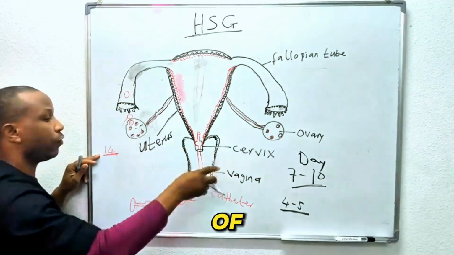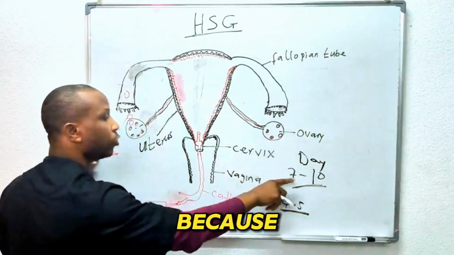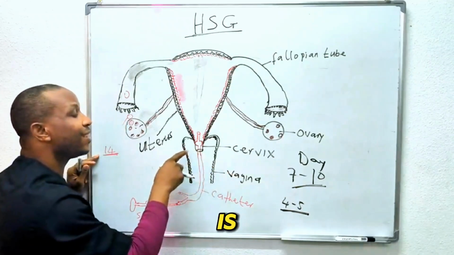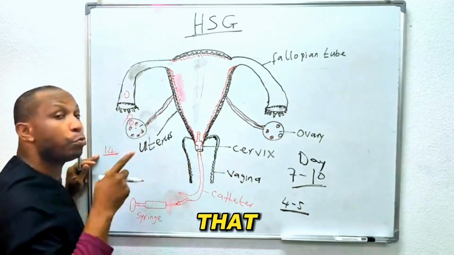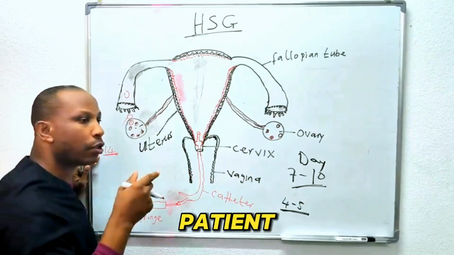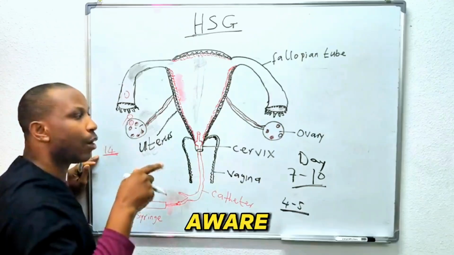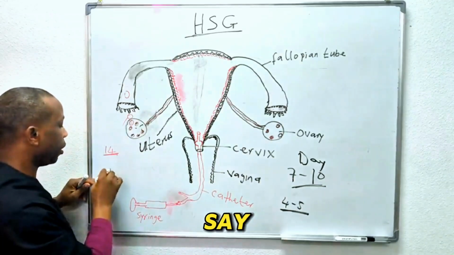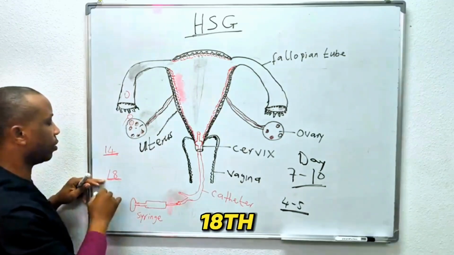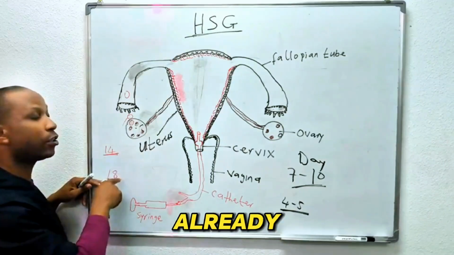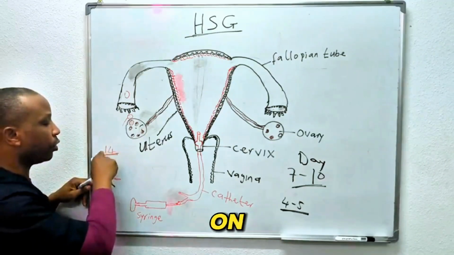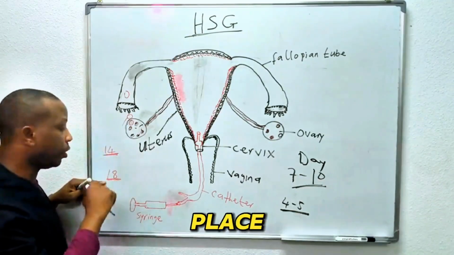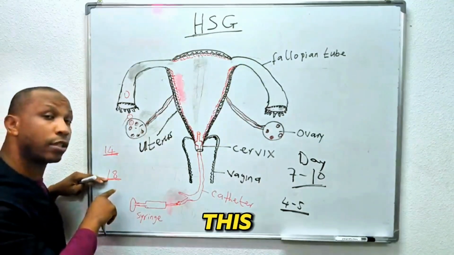There's no possibility of pregnancy occurring because you don't want to conduct this procedure, HSG, when there is an ongoing pregnancy that maybe you, as the patient, or the doctor is not yet aware of. Because at this early stage, let's say you conduct it on the 18th day and fertilization already took place, maybe you ovulated on the 14th day, and that same day or the following day, fertilization took place. And now you are conducting this test on the 18th.